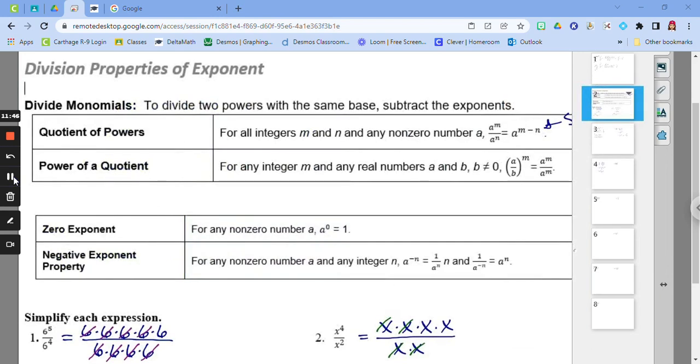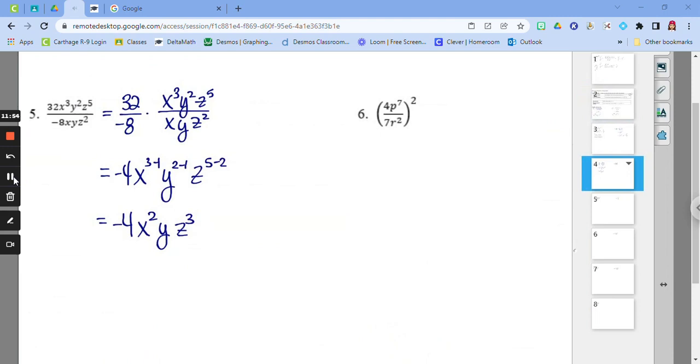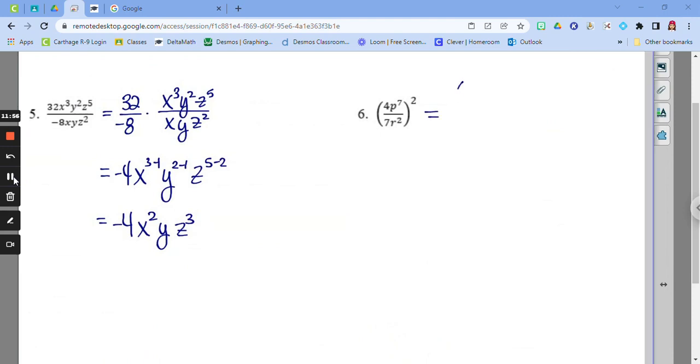That exponent of 2 is going to get applied to the numerator and denominator. Okay? So we have 4p to the 7th squared over 7r squared squared. So you have 2 different problems.